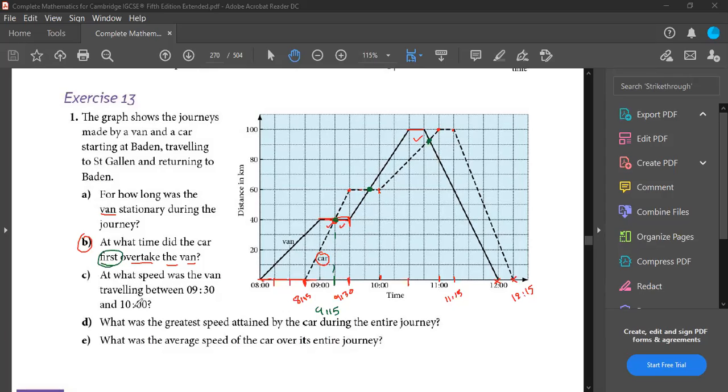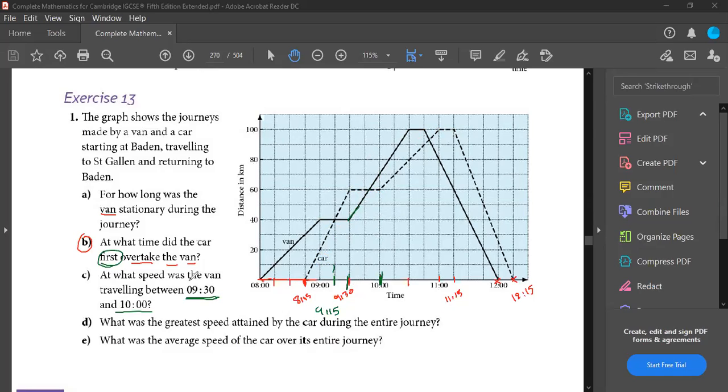At what speed was the van traveling between 9:30 and 10? Yasmin, 9:30 here and 10 here. We want the speed of the van. Approximately 20. Wait a moment, I want to erase all this mess so we can determine it. Okay. You want a dash between them, right?